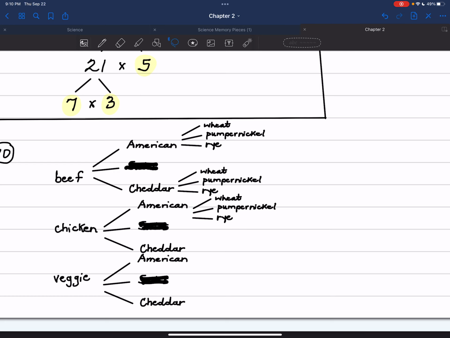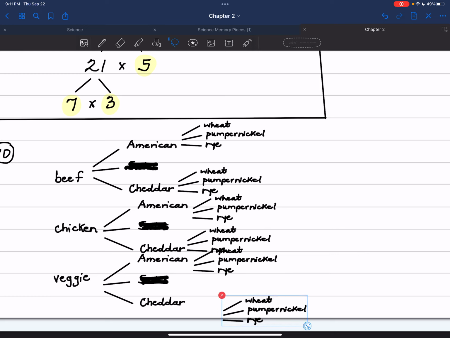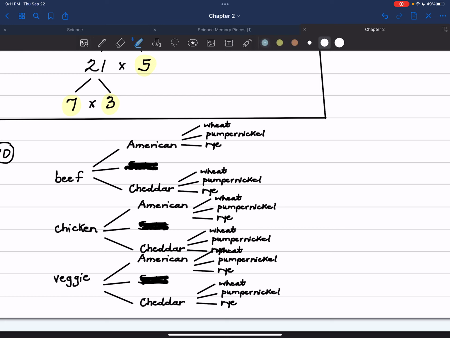So you can see just visually how much simpler it gets just by taking out one of the choices. You actually could see the answer right there if you just count those branches. So there's 3, 6, 9, 12, 15, 18.